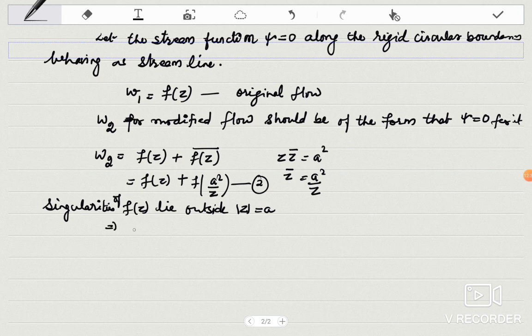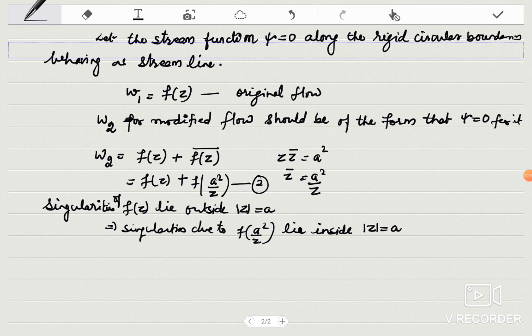This implies singularities due to F of a square upon z, it is the inverse point, so these will lie inside z equal to a.